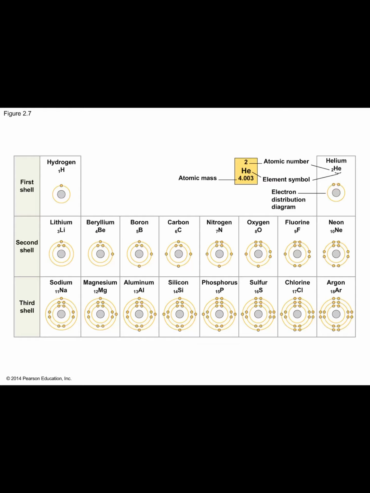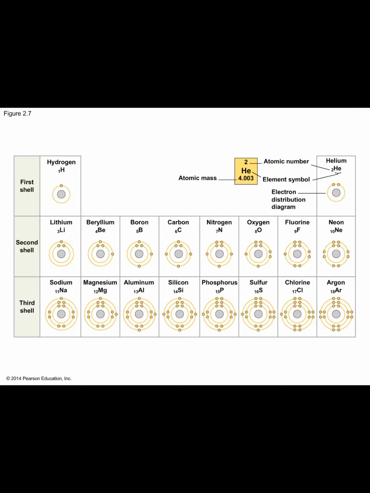Now, what if you have a third electron and a third neutron and a third proton? Well, then you have to come down here to lithium. Lithium, atomic number 3, has 3 protons, 3 neutrons in the nucleus, and here you see 3 electrons. 2 in the first shell, well, it's full, so the third electron goes in the second shell, right there. Now you see 2 shells. Now, this introduces us to what's called the octet rule. Octet means 8, right?